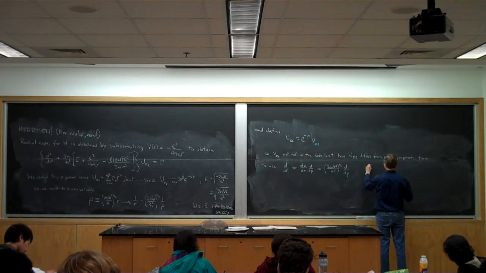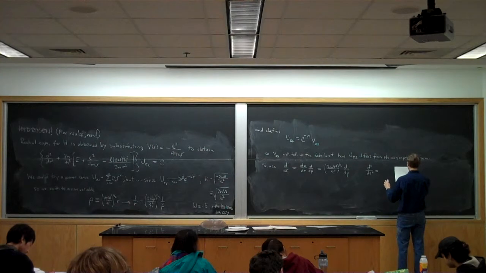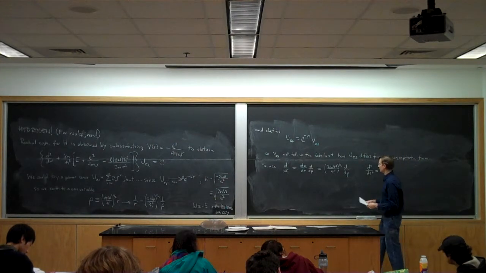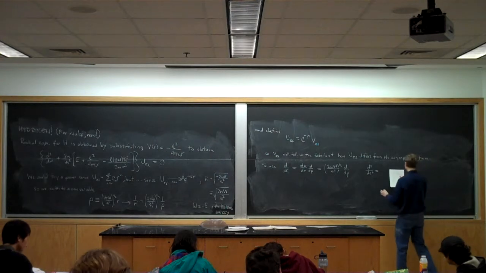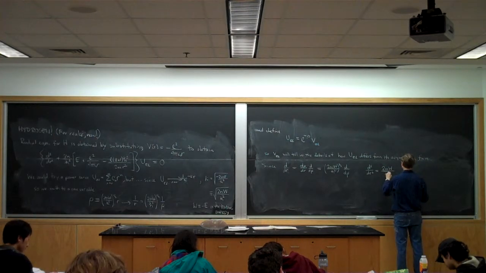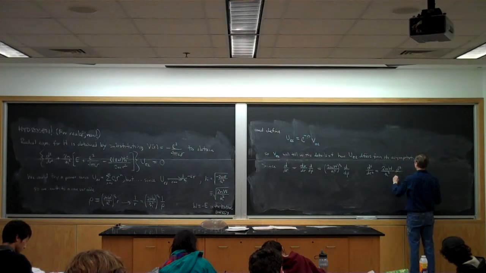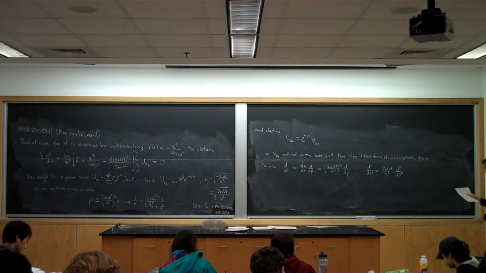And then d squared/dr squared, you just do it again, will be 2 powers of junk times d squared/d rho squared. So it's just 2mw over h bar squared times d squared/d rho squared.